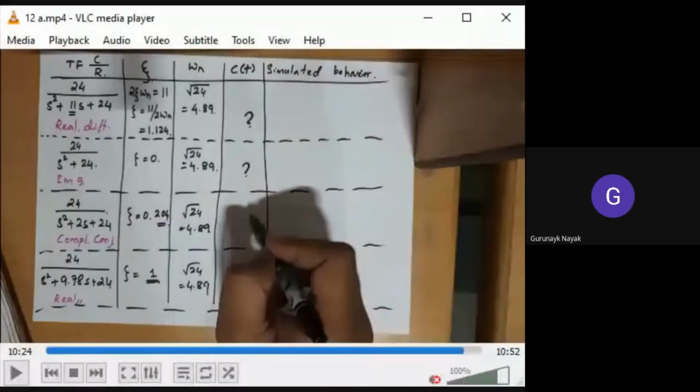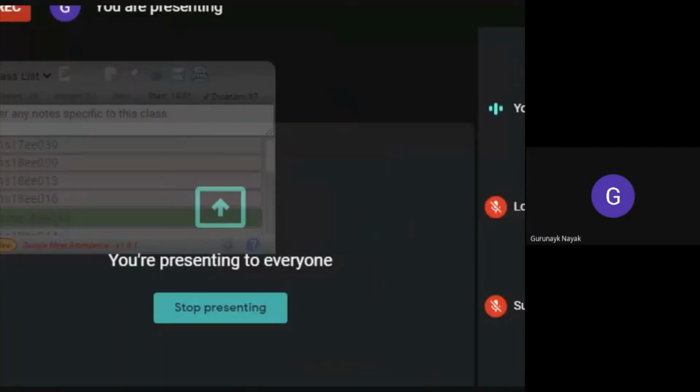Now, if I ask you to plot the behavior, say for example for this transfer function, at this point of stage you will definitely face a difficulty, because just by taking inverse Laplace and making a tabular column and plotting it is not so easy for you at this stage. Without that expression, no one can even guess the shape of the response.